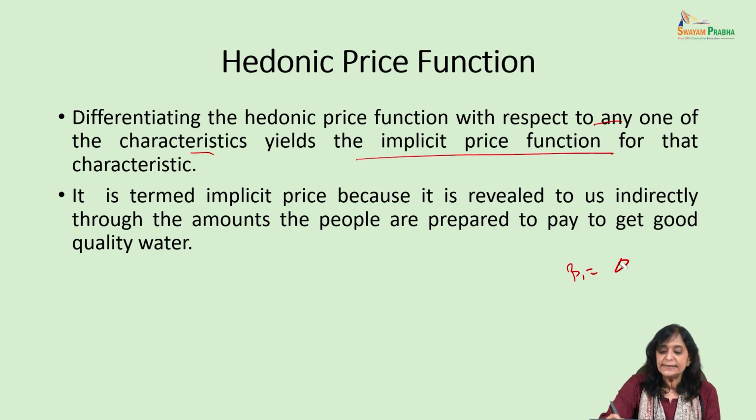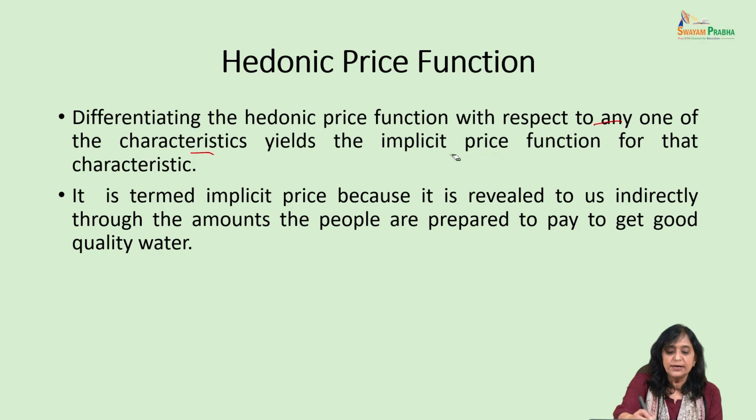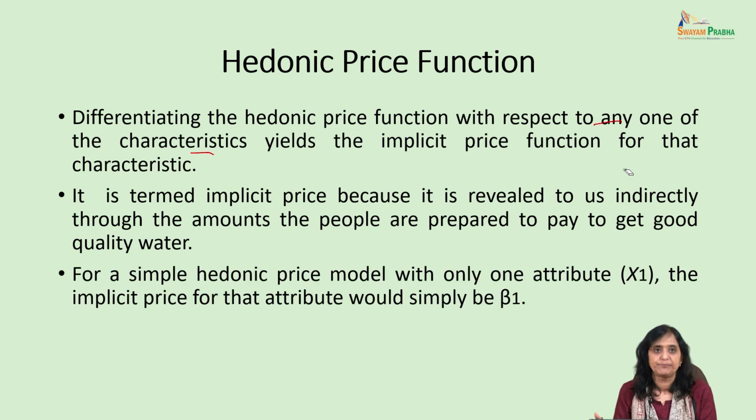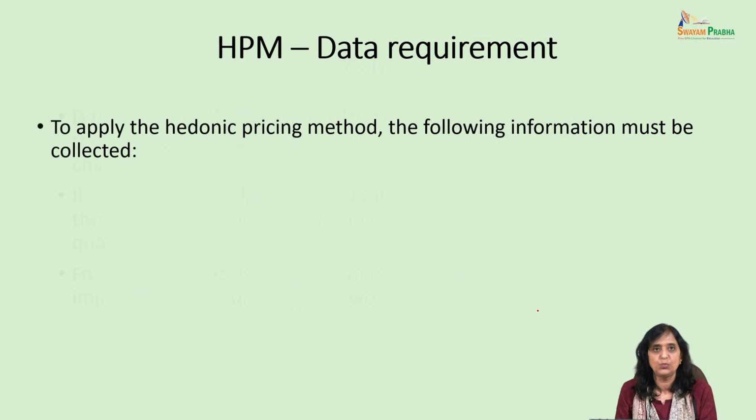Okay, why is it called an implicit function? It is called an implicit function because it is revealed to us indirectly through the amounts people are prepared to pay to get good quality water or good quality air. Okay, so as we have just said, if x1 changes, the change in the price will be given by beta 1.